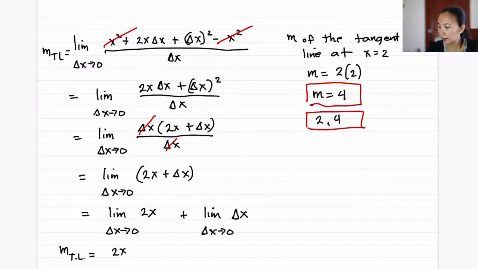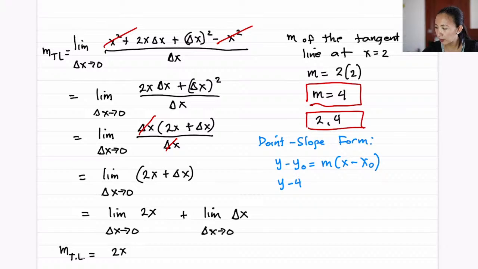The point-slope form: y minus y sub 0 equal to m times x minus x sub 0. So, y minus 4, bakit hindi ko in-enclose? Point yan. So this one is a point on the line, and this is the slope of the tangent line.